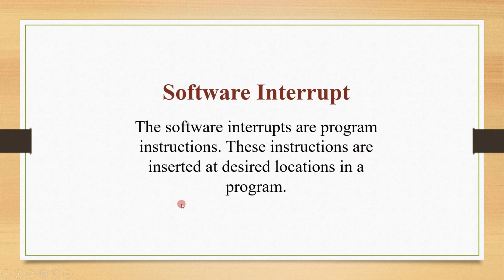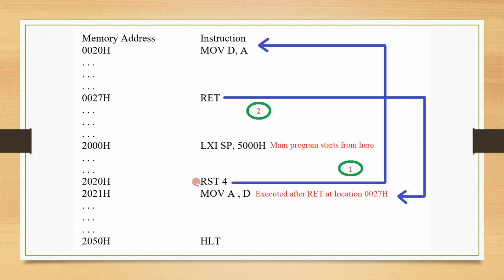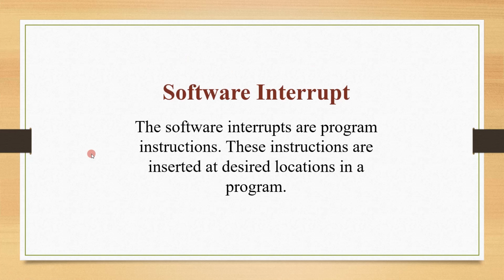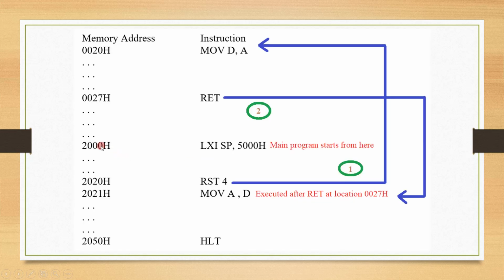These instructions are inserted at desired locations in the program. If you remember the example which we had seen, these are the locations. These program instructions are inserted at desired locations in a program. This was our main program.